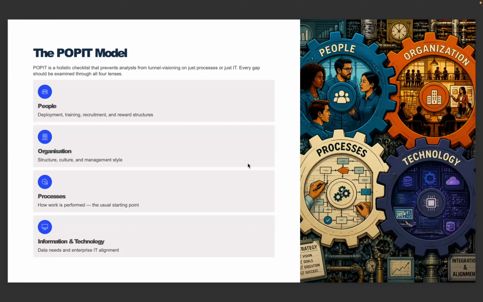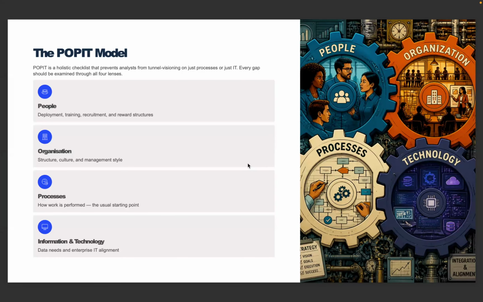So the POPIT model is useful because it prevents us from looking at only one part of a problem. We have to look at these various factors to have a clear understanding of the business problem.